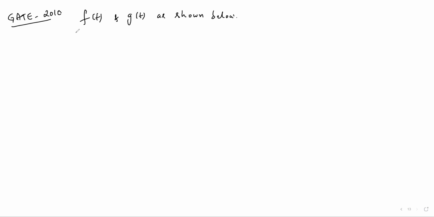We'll plot the graphs for these two functions. These are two rectangular functions actually given.